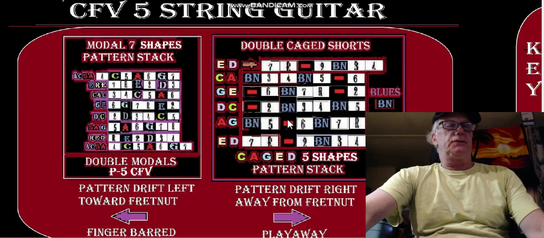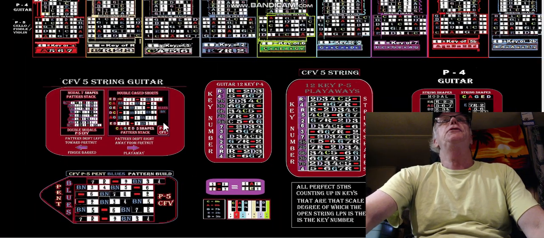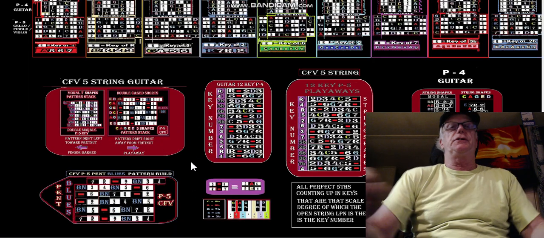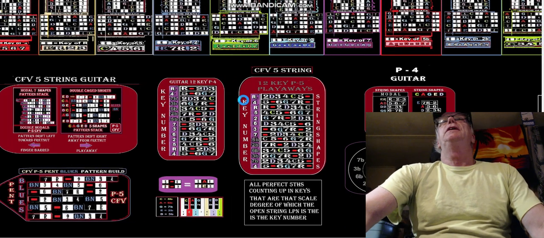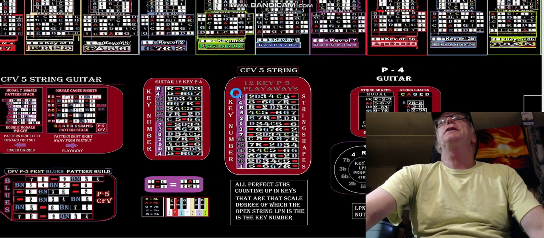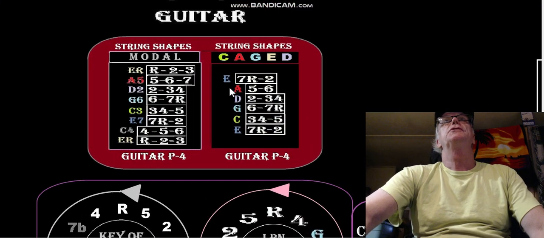Let's get these guys off the screen. I'm zooming, so it doesn't all of a sudden just change. So let's look back. These are the finger barred P4 string shapes that I was doing.